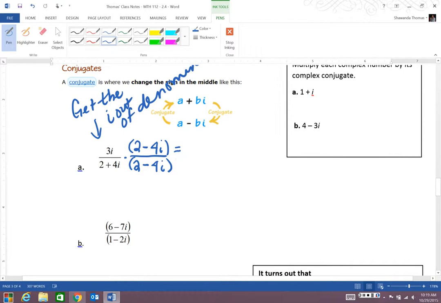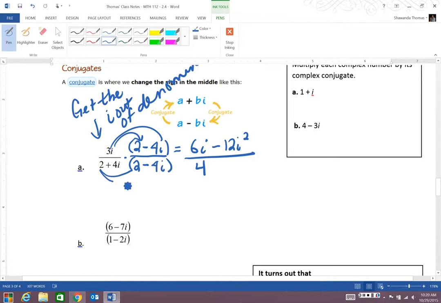So that would be 3i times 2, 6i. 3i times negative 4i, negative 12i squared. We'll come back for that. And in the bottom, we should already know that the middles will cancel out. 2 times 2, 4. I'm not even going to go through the middle, but you can.